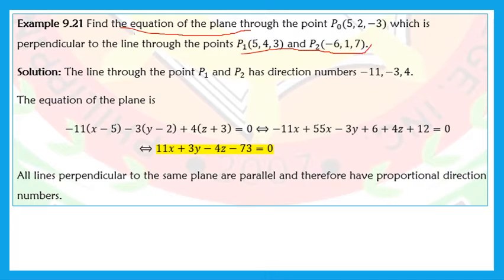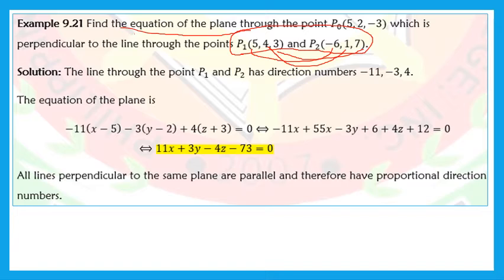Ibig sabihin, ito kukunan natin doon ng direction numbers kasi kailangan natin doon sa formula natin sa theorem 9.20. So ang direction numbers niya class is negative 11, negative 3, and 4. Bakit siya naging negative 11? Kasi negative 6 minus 5 is negative 11, negative 1 minus 4 is negative 3, and then 7 minus 3 is positive 4.